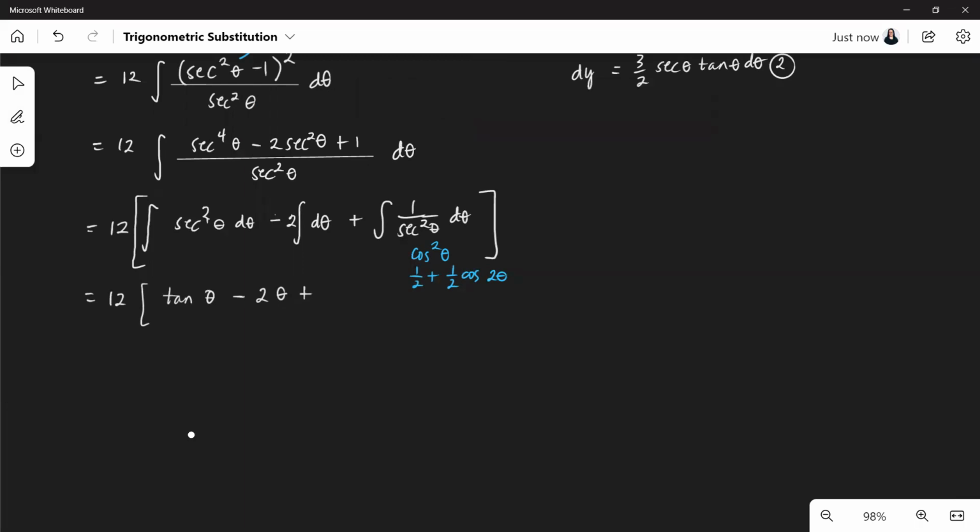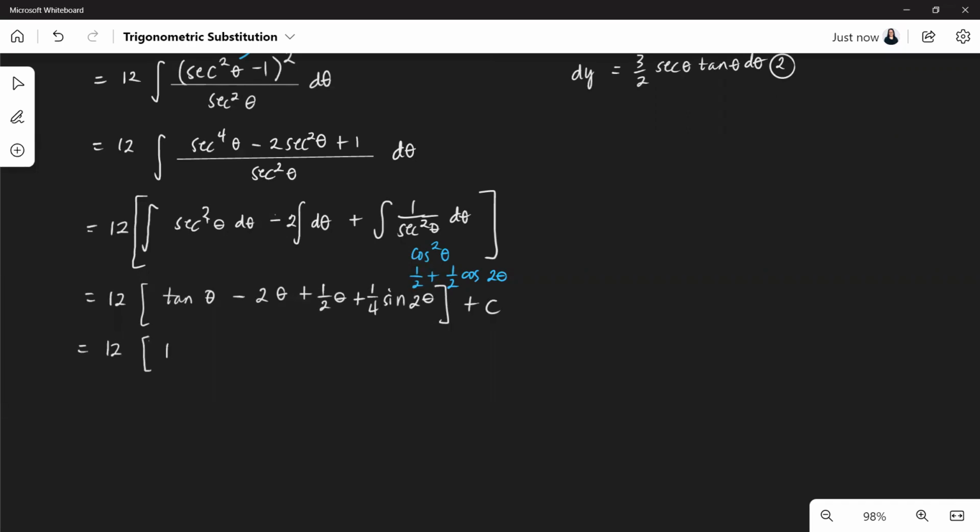Integral of 1/2 is 1/2 theta, and integral of 1/2 cosine 2 theta is 1/2 times the neutralizing factor needed for the derivative of 2 theta. That's 1/2. So 1/2 times 1/2, that's 1/4. Then integral of cosine is sine. But take note, it's 2 theta. Plus C.